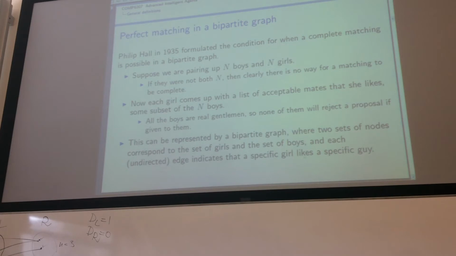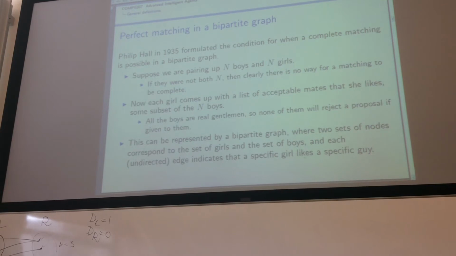It was proven in 1935 by Philip Hall, and it's one of the central results in graph theory and matching theory. So suppose we have exactly n nodes on the left-hand side, we call them boys, and we have exactly n nodes on the right-hand side, we call them girls, and we want to answer the question whether there is a perfect matching in this graph.